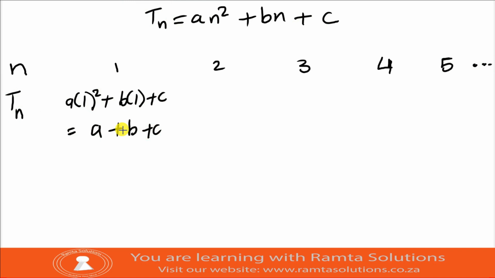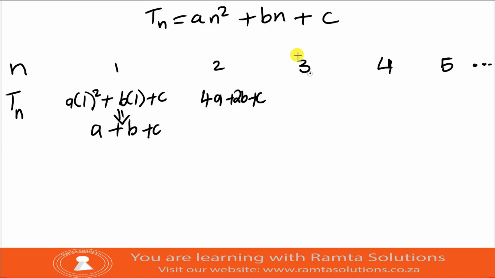So T1 is a plus b plus c. When n is 2, 2 squared is 4, so you will have 4a plus 2b plus c.